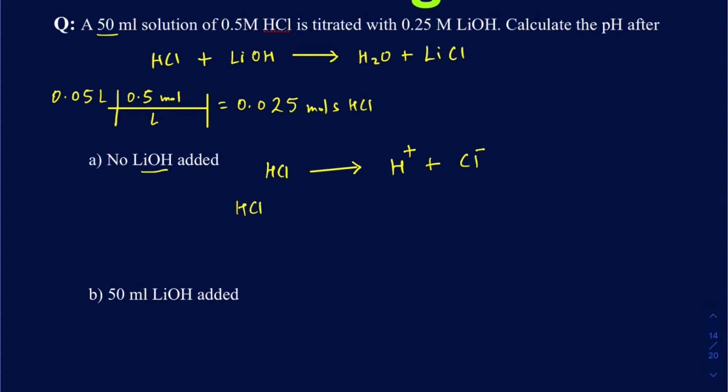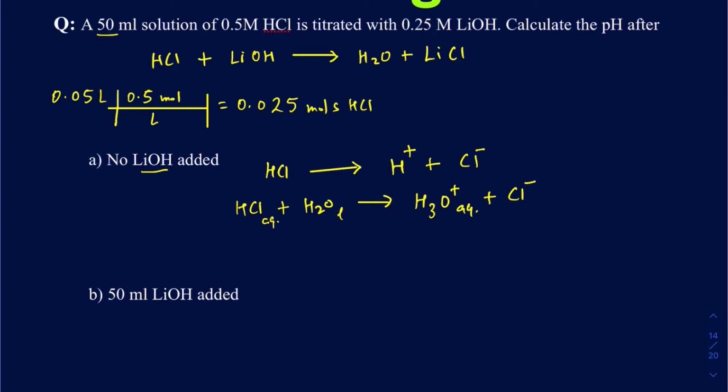You may see in books this equation written as HCl aqueous plus water liquid, protonating the water completely to give H3O plus aqueous and Cl minus. Both of those ways are okay. Sometimes books write the first way and sometimes the second.